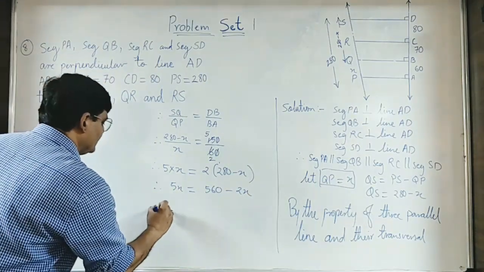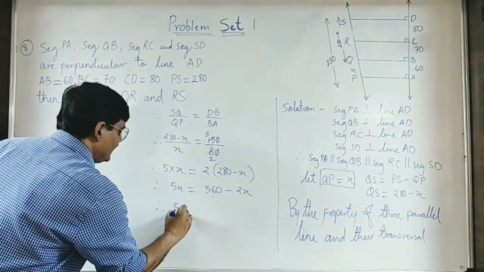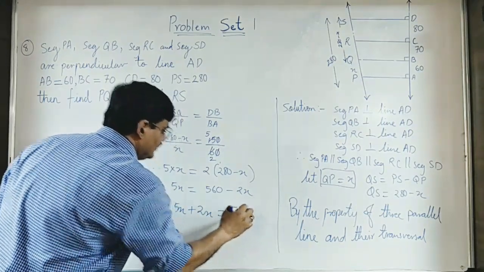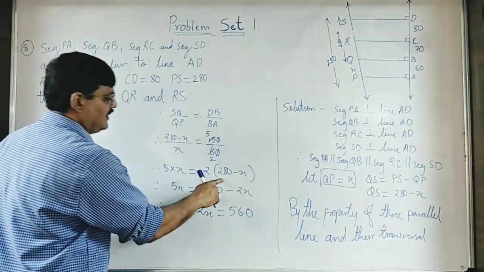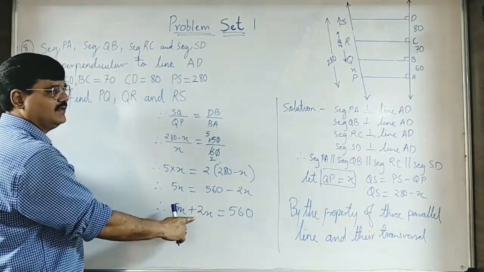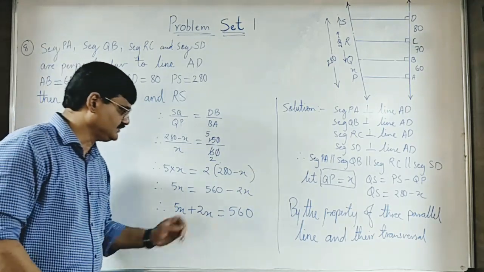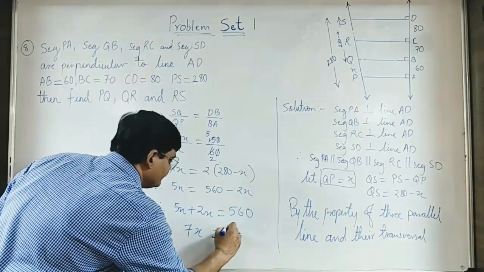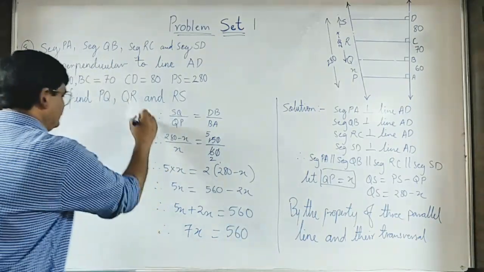Now what I am going to do in this case is 5x plus 2x equals 560. This 2 I multiplied with 280 to get 560, and 2 into x is 2x; minus 2x comes to this side and becomes plus 2x. So 5x plus 2x is 7x. So 7x is equal to 560.